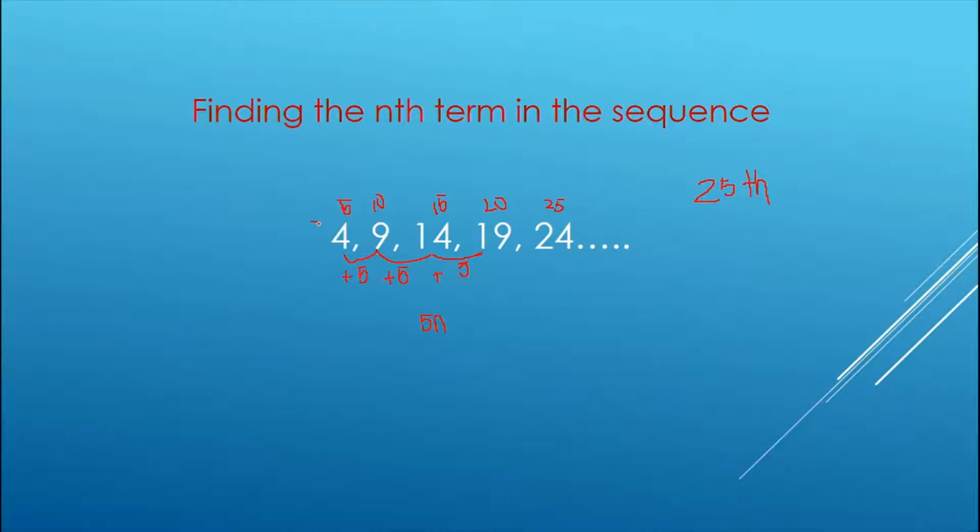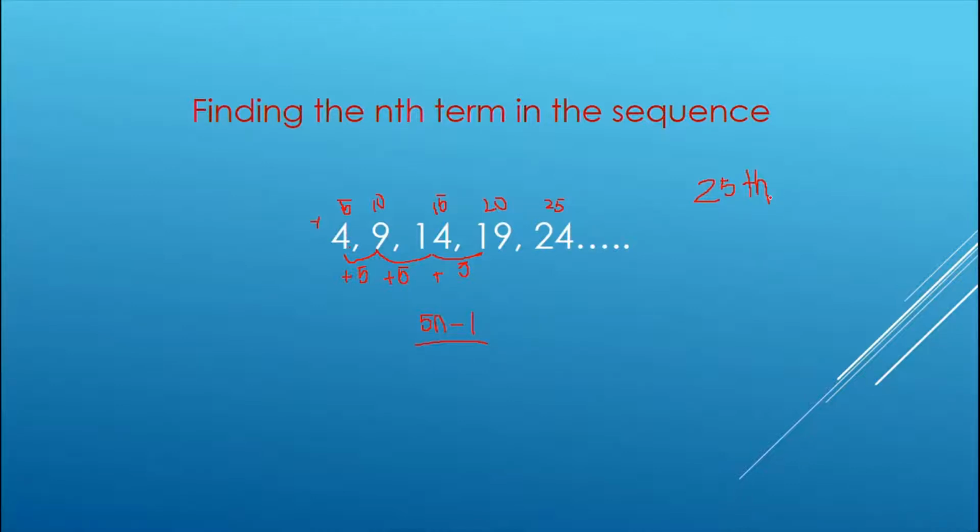So 5 minus 1 is 4, 10 minus 1 is 9, 15 minus 1 is 14, and so on and so forth. Since we subtract 1 each time, our formula is 5n minus 1. And 5n minus 1 is now our formula to find the 25th term.